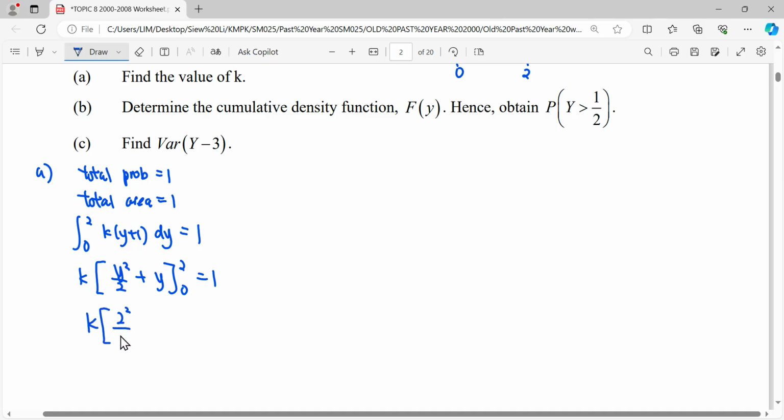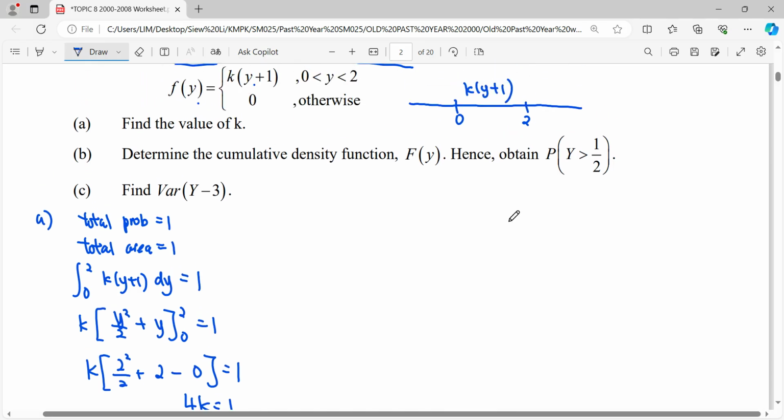Substitute upper limit minus lower limit, 0 over anything is 0. So here, how many k do you have? You have 4k. k equals 1 over 4. Then your function will be complete as we know that this k is 1 over 4.